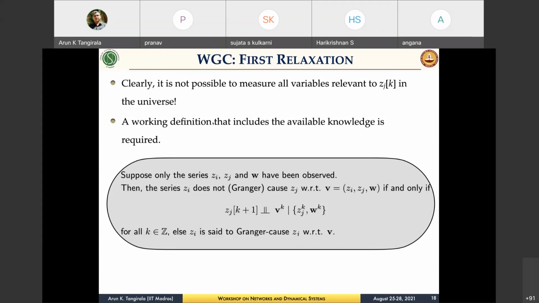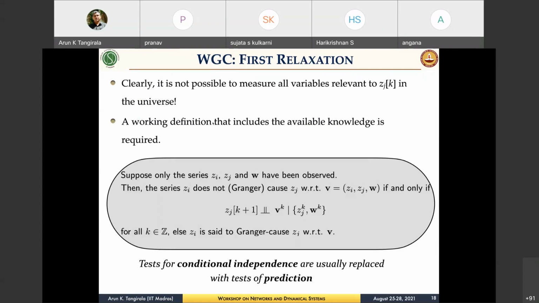When he said that, suppose you have observed Zi and Zj, and another set W, which is potentially affecting Zj, then conditioned on W, you can say Zi Granger causes Zj if again the same story, if the future values are unaffected with respect to probability distribution.